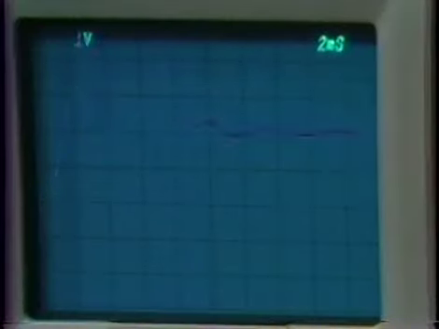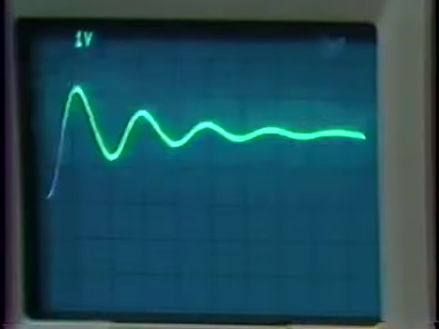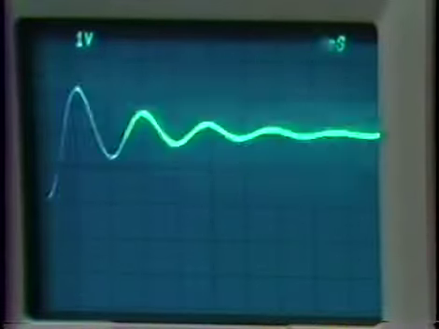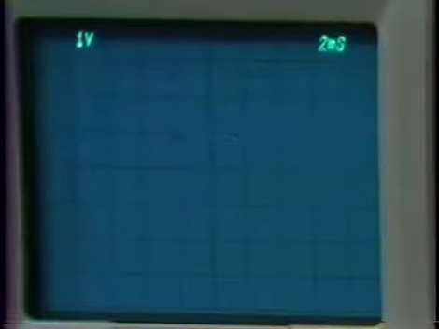We notice that the frequency of ringing on the step response of the system, we're at 2 milliseconds per division, so the ring frequency is about 250 hertz, 2 divisions. And we indicated for lightly damped systems, the ring frequency on the step response is just about equal to the crossover frequency of the system.